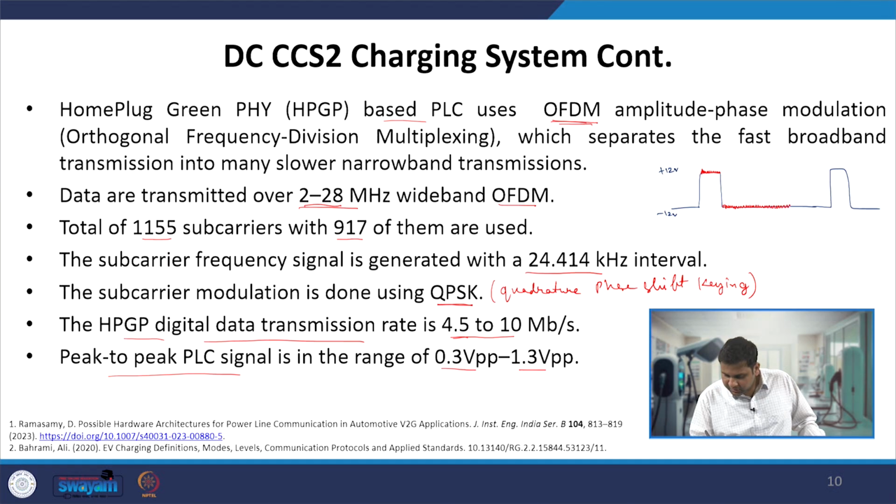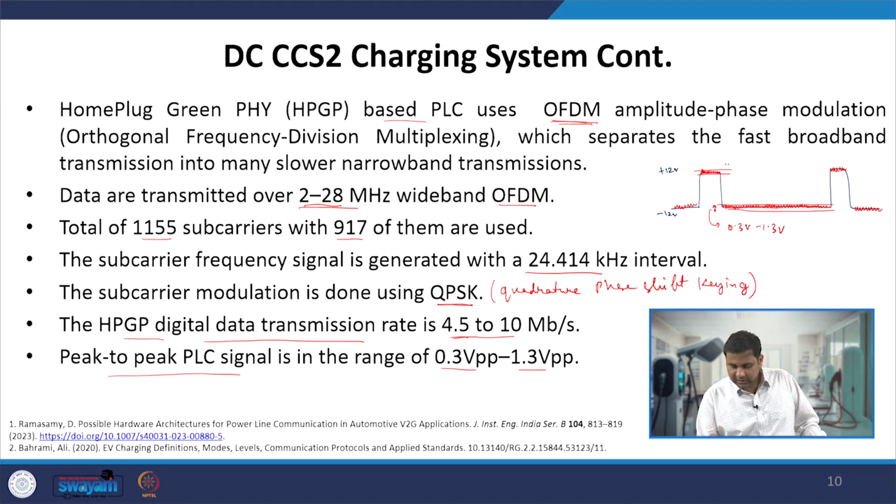So in this way, if you look very carefully, this particular high frequency signal will be put over there, and the peak to peak value of this and this is actually between 0.3 volt to 1.3 volt.